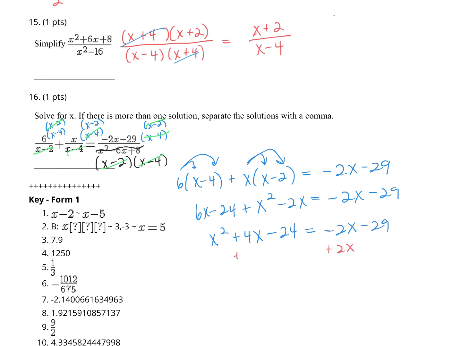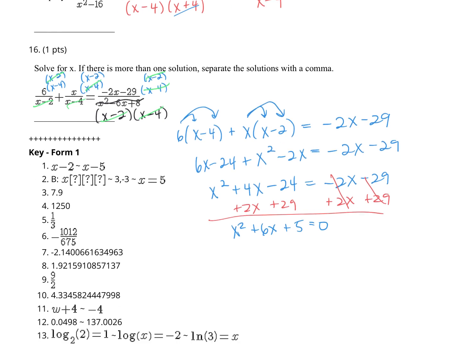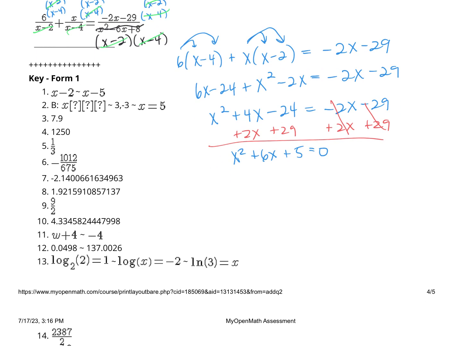We're going to move everything to the same side and set it equal to 0. So when I do that, I get x squared plus 6x plus 5 equals 0. And then hopefully this will factor. If it doesn't factor, you'll have to use the quadratic formula.